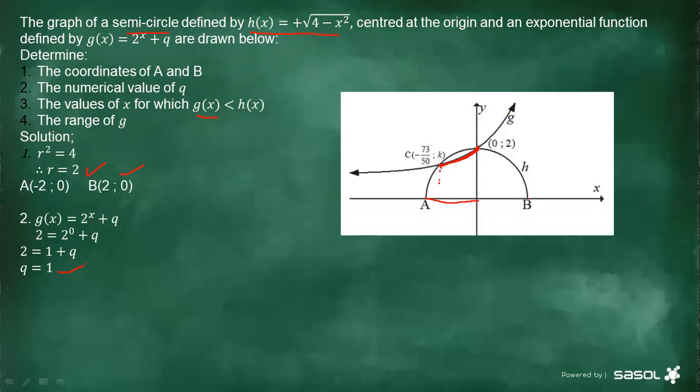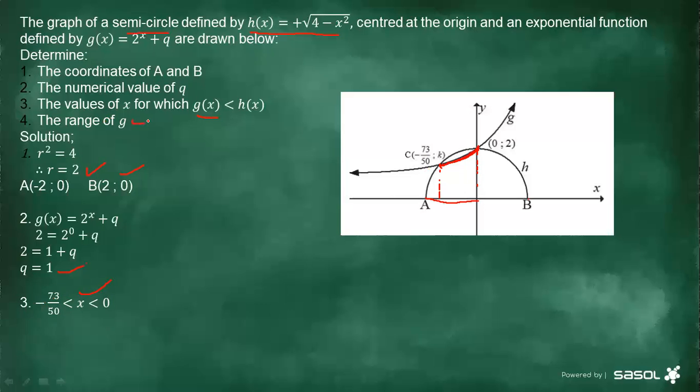What is the value of x there? It's negative 73 over 50. What is the value of x there? It's 0. So it's between negative 73 over 50 and 0. Hence we are saying that the value of x is this one. So it's between. All right.